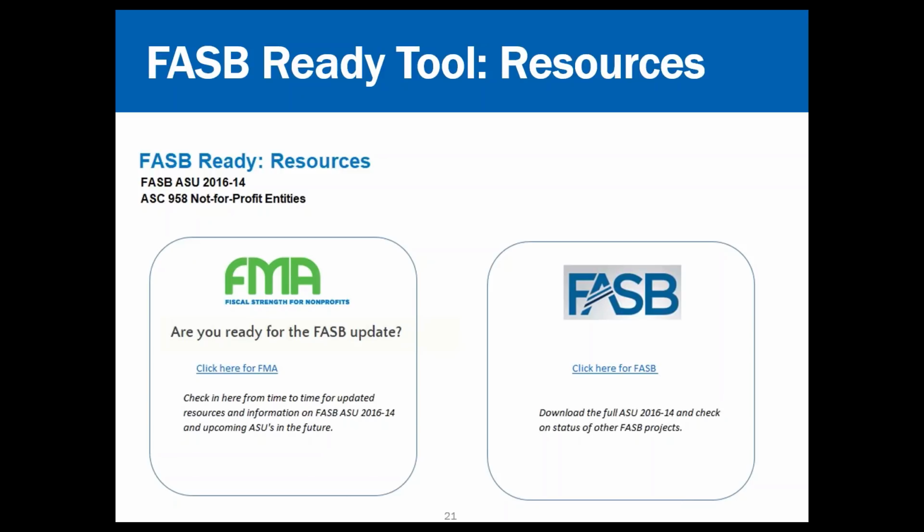So visit it now and visit it again in the early part of the fall so that you can see additional updates. In addition, if you want to hear it straight from the source, FASB has a site where you can download the actual ASU and also check on any other projects that they may be working on along the lines of implementation.